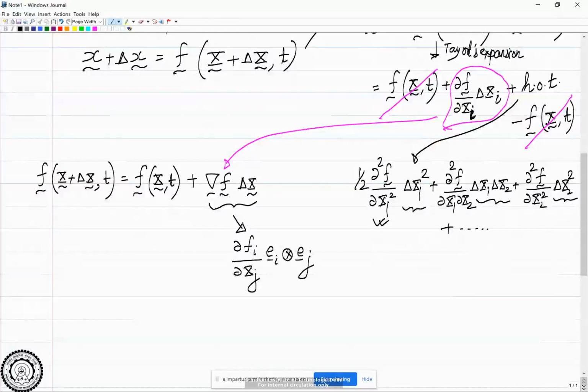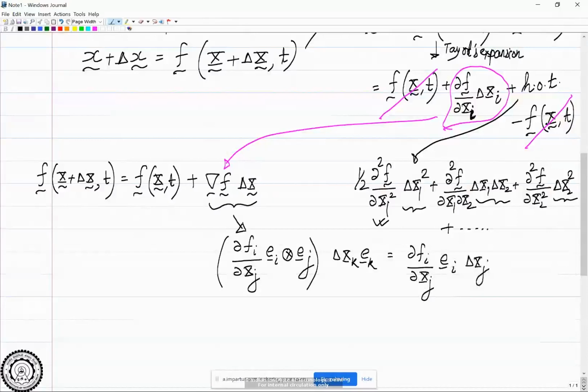Because gradient of a vector, it's a second order tensor, and then I have to multiply this with delta xk ek, which then becomes del fi over del xj ei delta xj.